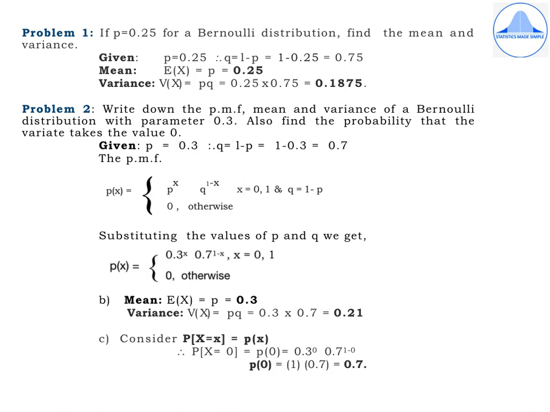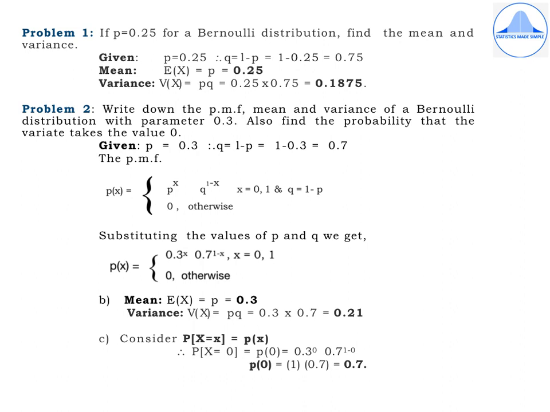The mean formula is E of x equal to P, which results in 0.25. The variance is V of x equal to PQ, which is 0.25 into 0.75, which is equal to 0.1875.